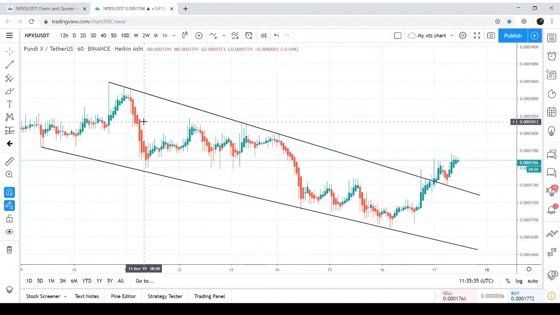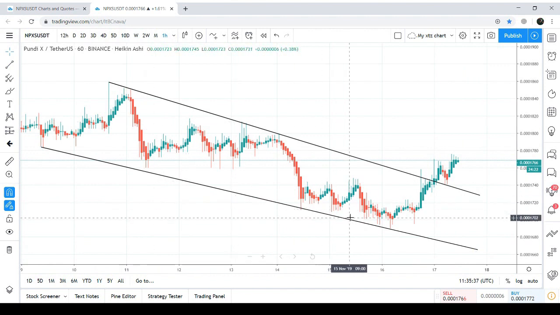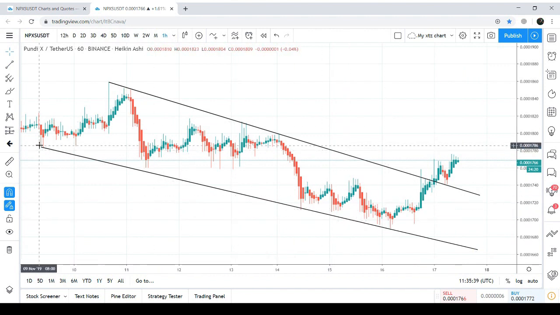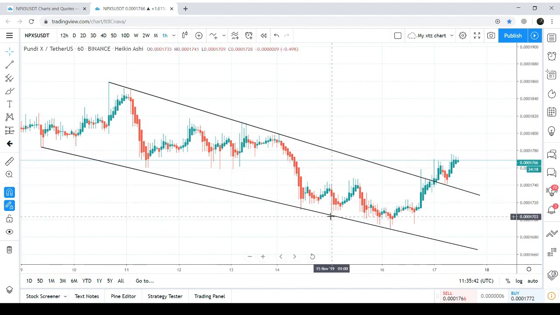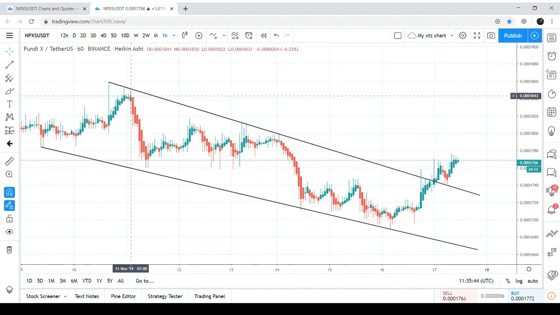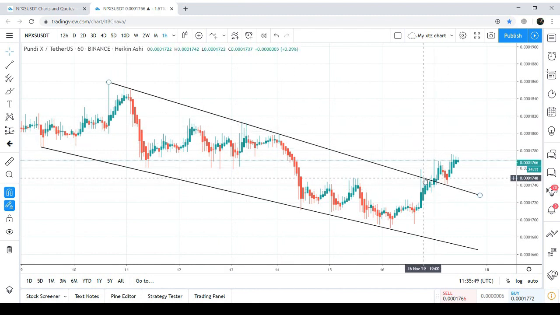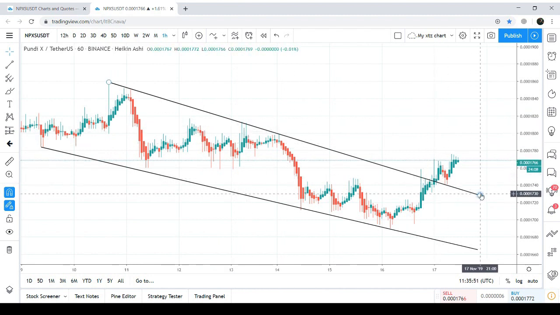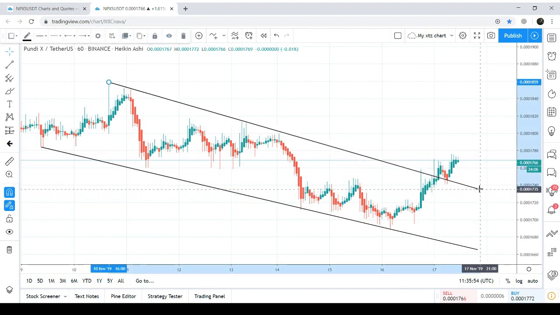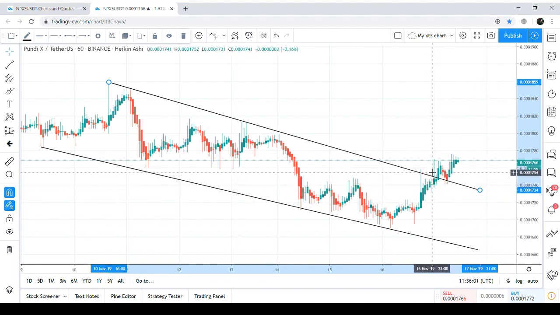We have around 1 and 2 touches, even almost 3 touches at the support of the channel, and 1, 2, 3, and this is the 4 touches on the resistance. So here we can see the price action has just broken out of the resistance of the channel, and after breaking out, the price action had a little bit of a correction time period.